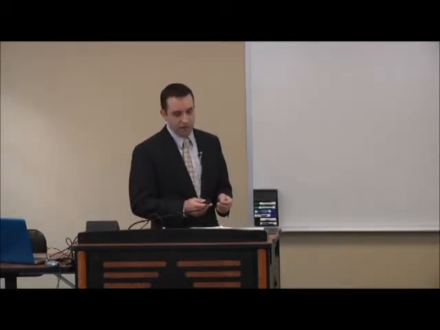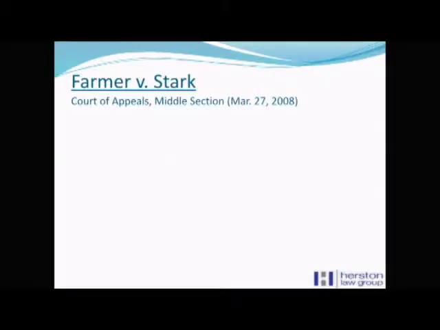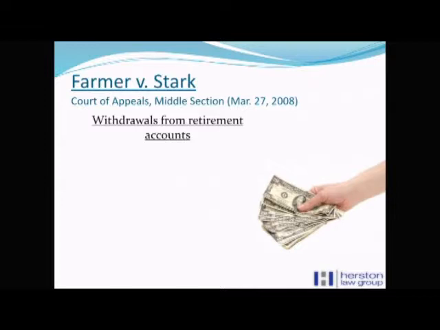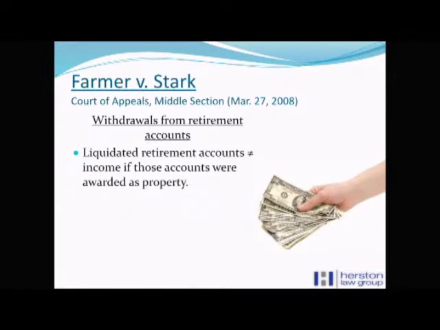She asserts that the guidelines include all income from the retirement accounts. The Court of Appeals looks at it, and the court affirms the trial court's decision that the retirement accounts have been awarded as property. They say that assets distributed as marital property shall not be considered income for child support purposes, except to the extent that they will create additional income after they are divided.